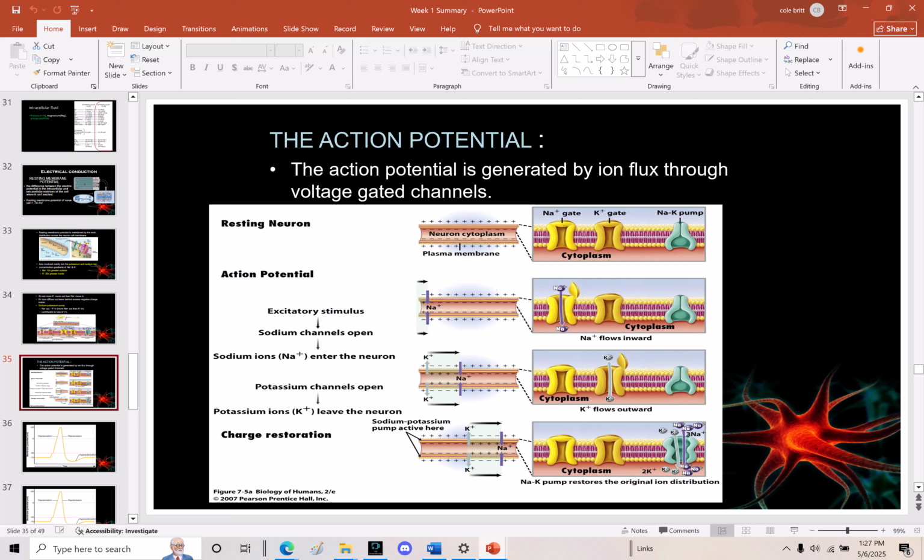When you get down far enough, you can start getting calcium to come in, which moves our vesicles with the transmitter towards the synapse and have it released there. Right? But simply, as far as the action potential, voltage-gated sodium first, then voltage-gated potassium.